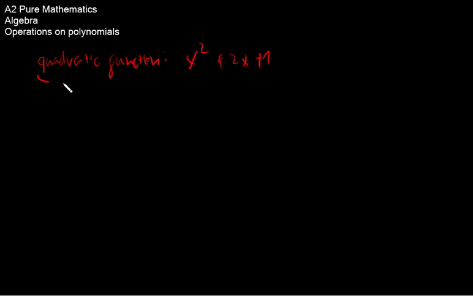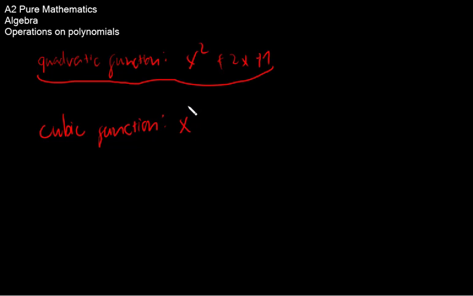There are different kinds of function, and there's one called a cubic function. The cubic function is one where the biggest power is 3. An example is x cubed plus 2x squared plus 5x plus 6.